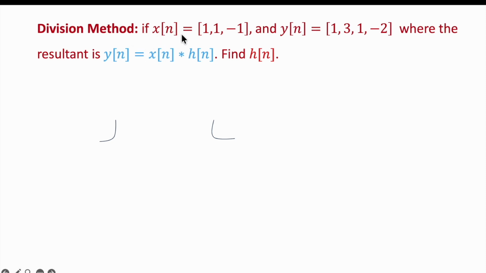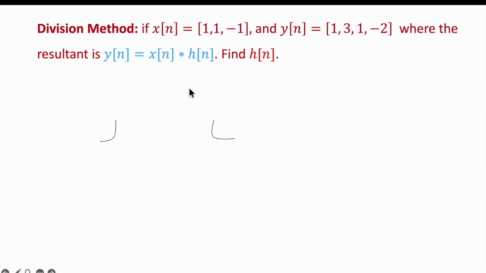So if x of n is equal to 1, 1, minus 1 and the resultant or convoluted signal is 1, 3, 1, minus 2, you need to calculate the value of h of n, if y of n is the result of the convolution of x of n with h of n.